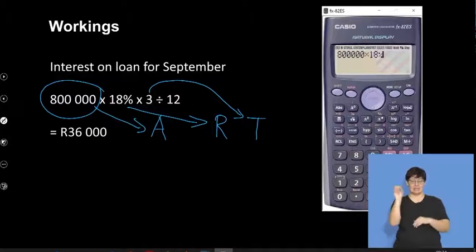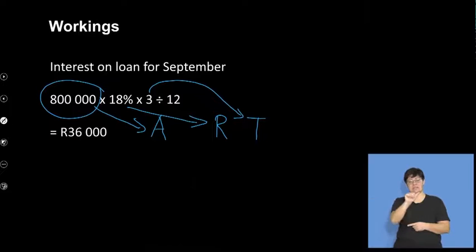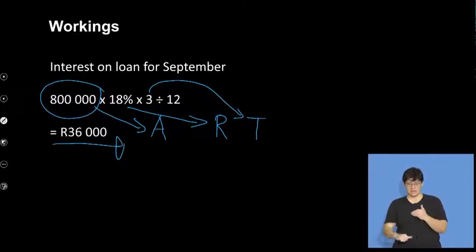Let's do that. Will give me a figure of 144,000 times 3 divided by 12. And clearly you can see your amount is 36,000 Rand, meaning it will be paid off every 3 months. You'll be paying off an amount of 36,000 Rand.